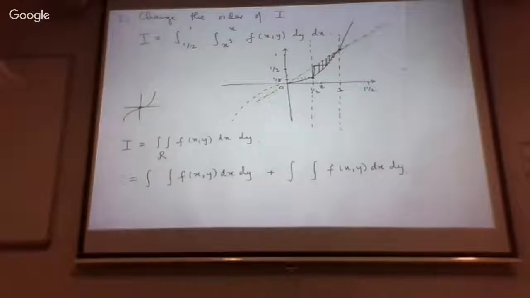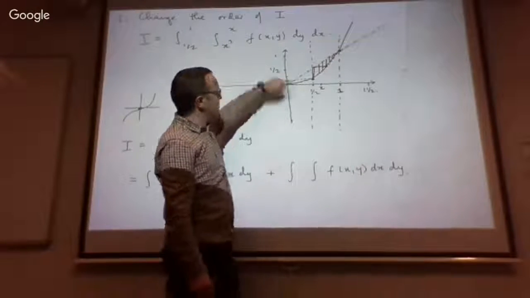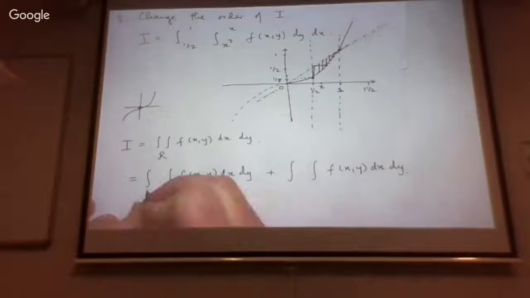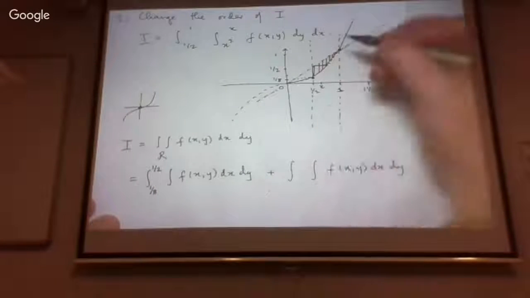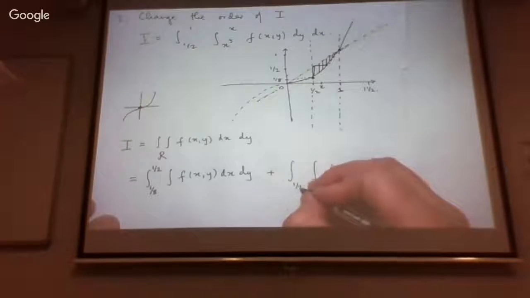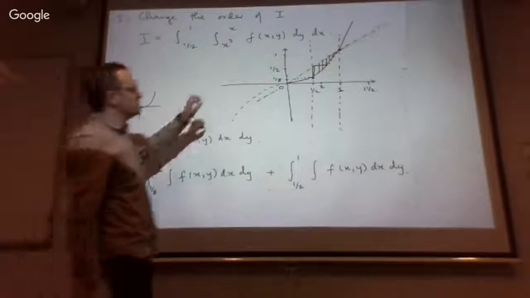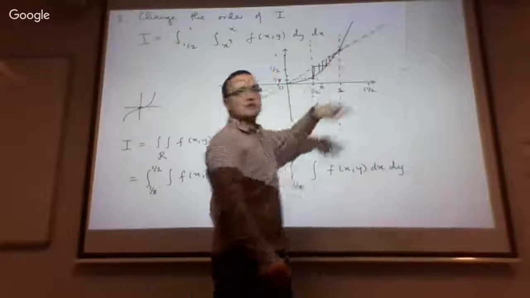So this first integral has to go from y equals an eighth up to y equals 1/2. And then the second integral will go from y equals a half all the way up to the end point y equals 1. So we need these two separate integrals. One to do the double integral over this lower portion, and the second to do the double integral over the top portion.